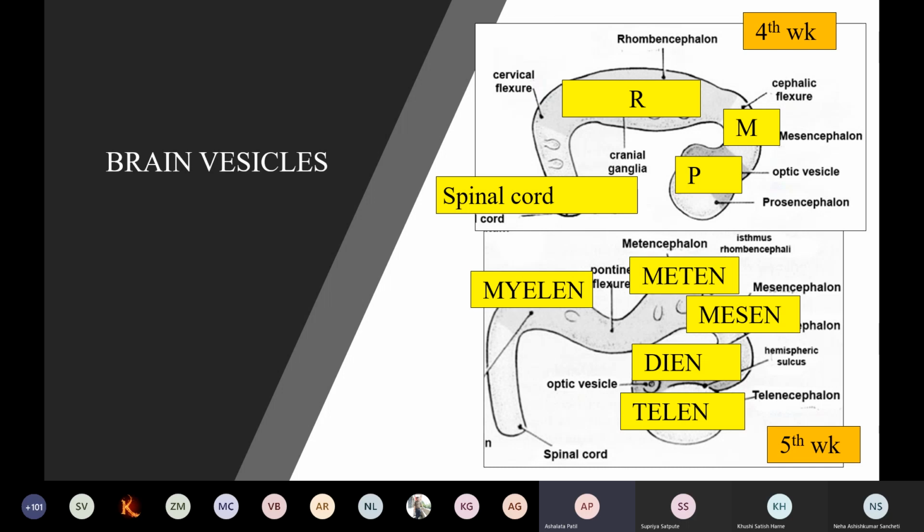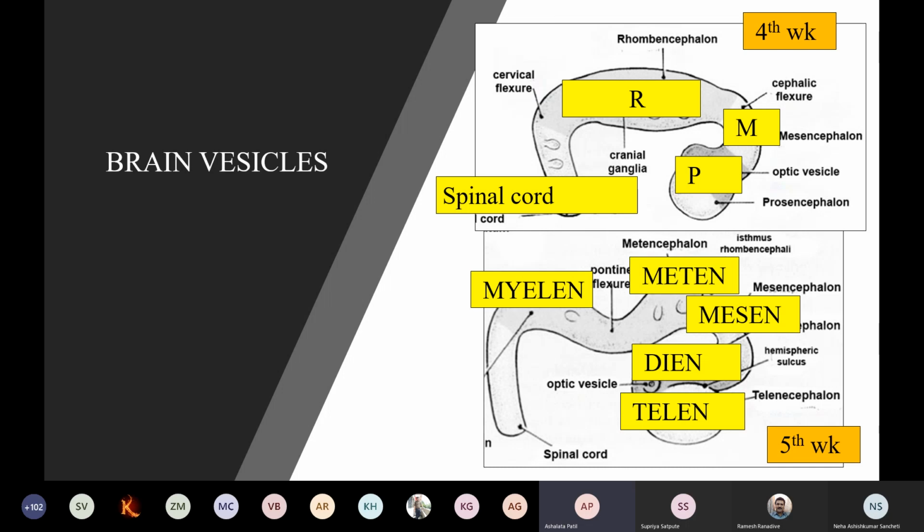The part caudal to the 4th somite remains narrow and tubular, and this forms the spinal cord. These changes are seen after the closure of the neuropore.